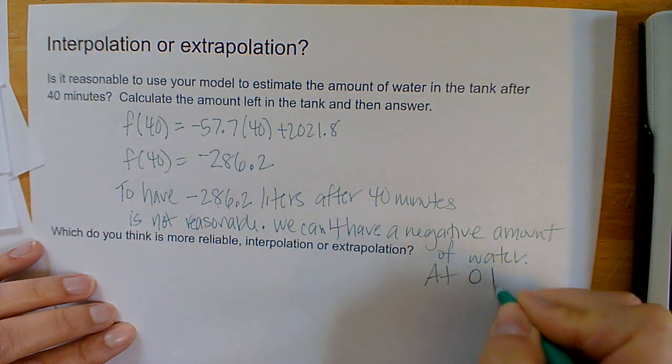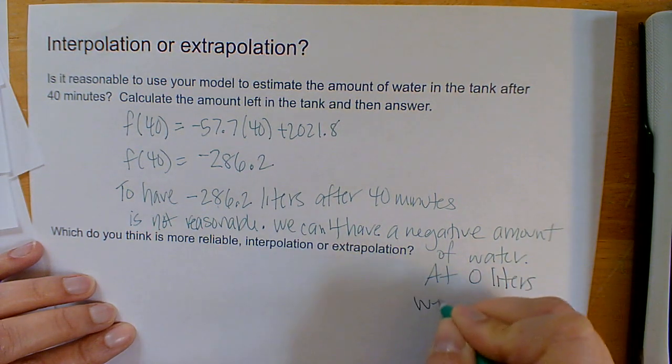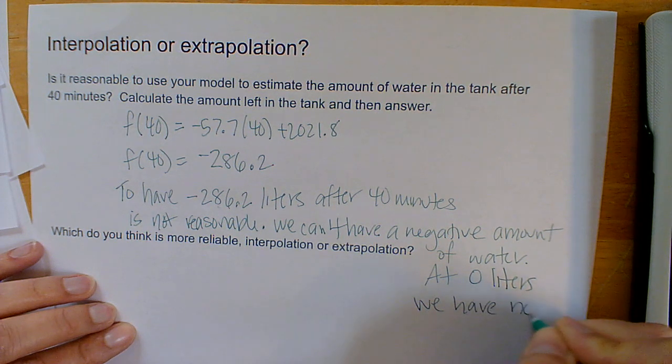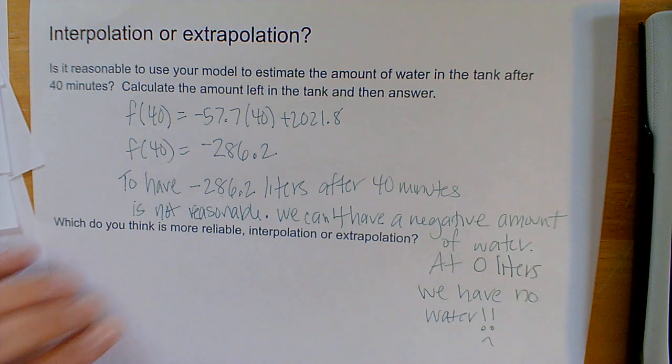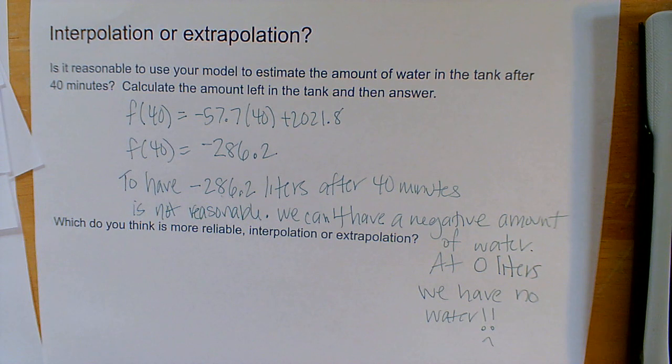I'm going to put at 0 liters, we have none. No water. So to have negative 286.2 liters after 40 minutes is not reasonable. We can't have a negative amount of water. At 0 liters, we have none. So we can't even keep going.